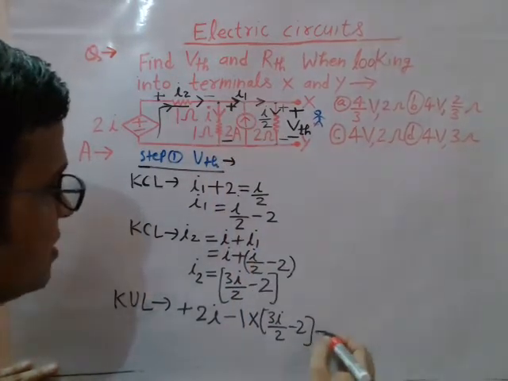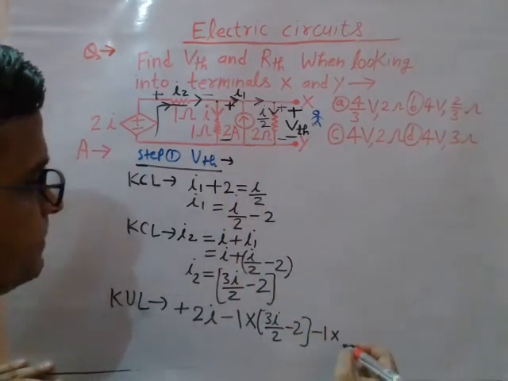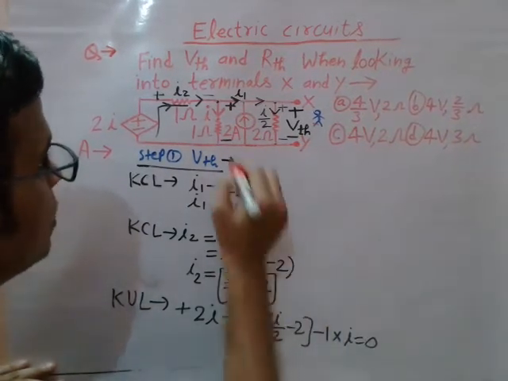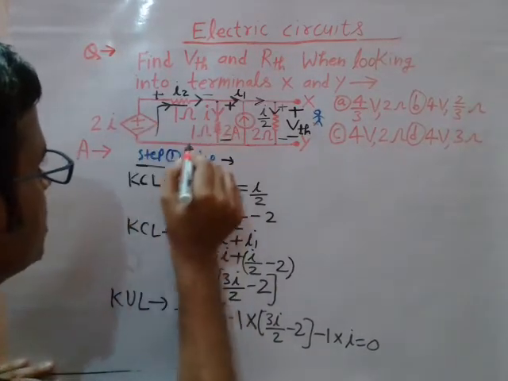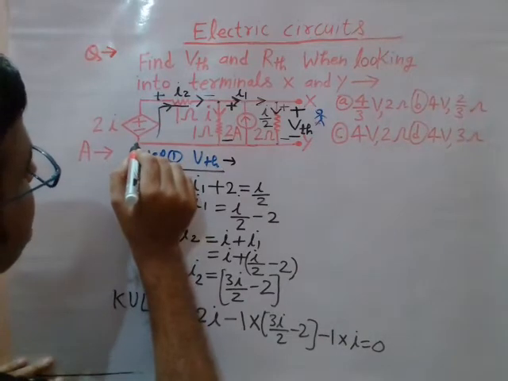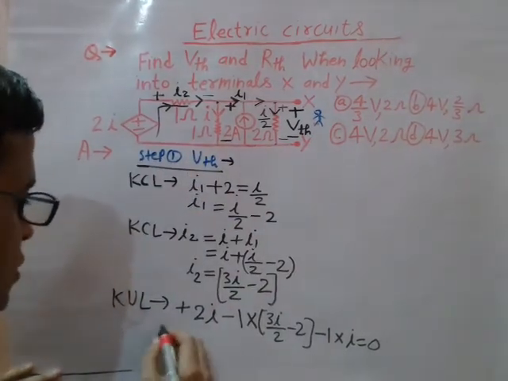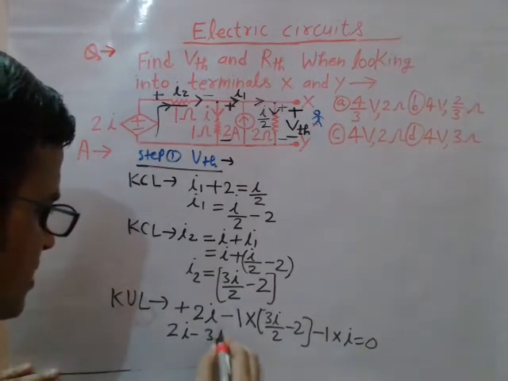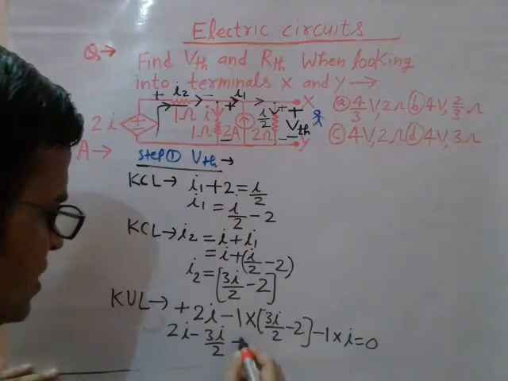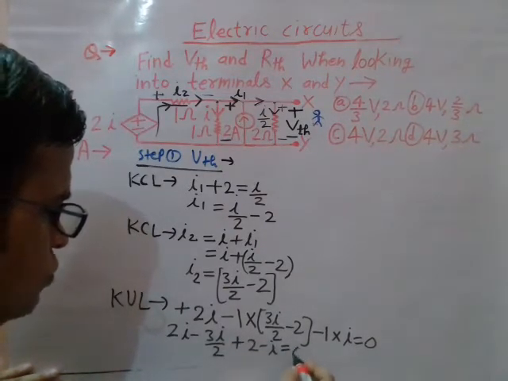Minus, plus to minus, 1 into I is equal to 0. Loop completes. You started from here and you come back at the same point. That means loop completes, KVL completes. So 2I minus 3I by 2, so 2I minus 3I by 2 minus plus minus I is equal to 0.